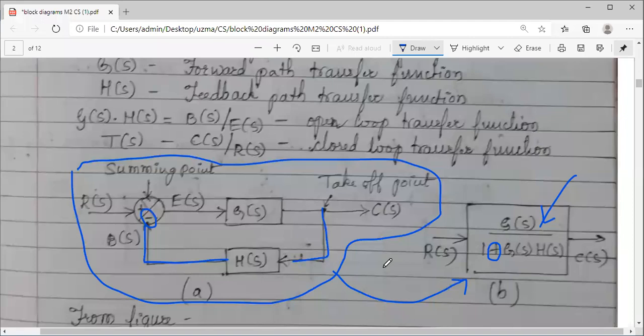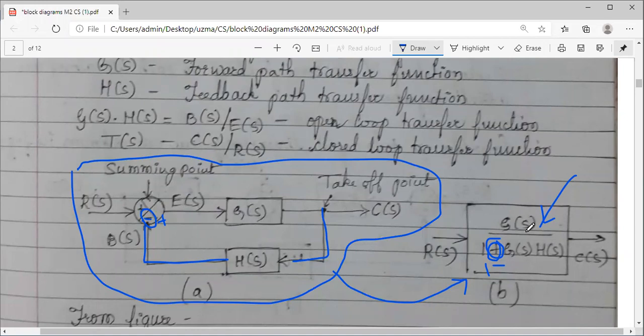You can just go back and check that video. One of the differences is, in negative feedback we have this negative, and in positive feedback we get a positive sign. When we have a negative feedback, this sign will become plus, and if we have positive feedback, this will be minus. Just for your knowledge, I'm sharing this.